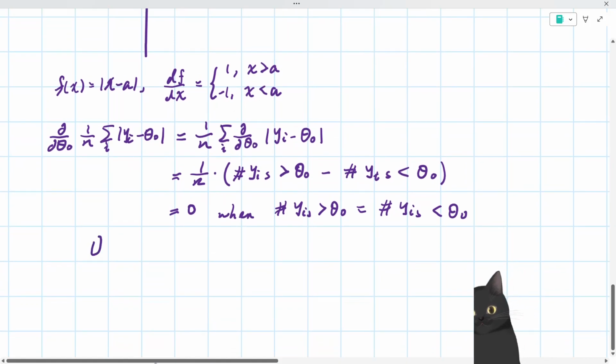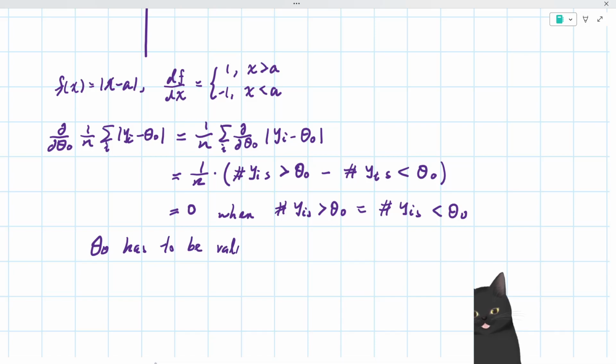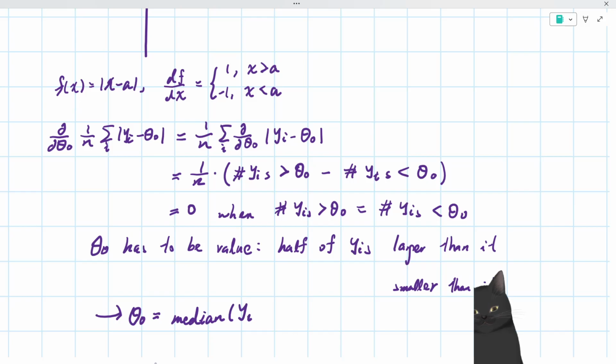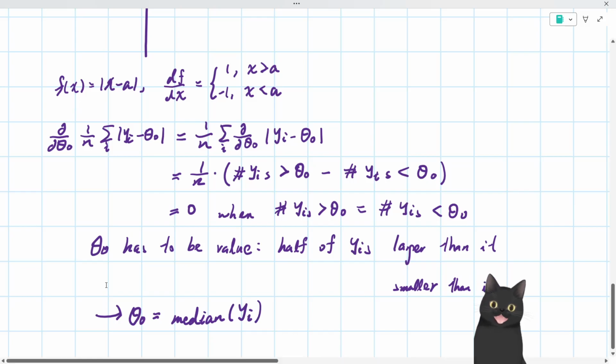So therefore, theta naught has to be a value such that half of the yi's are larger than it, and the other half of the yi's are smaller than it. Therefore, theta naught is actually the middle number of all of the yi's, which means theta naught is equal to the median of yi. And this is the only way to minimize the loss function.